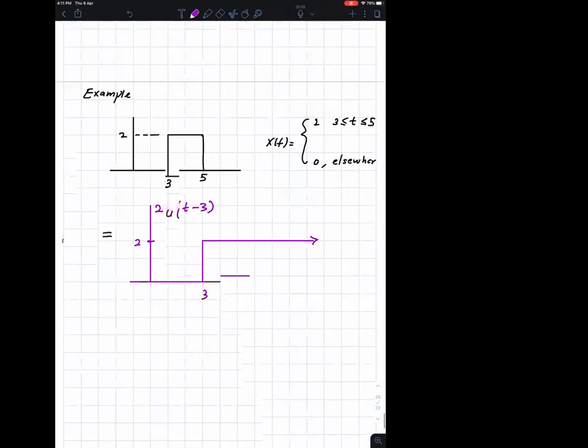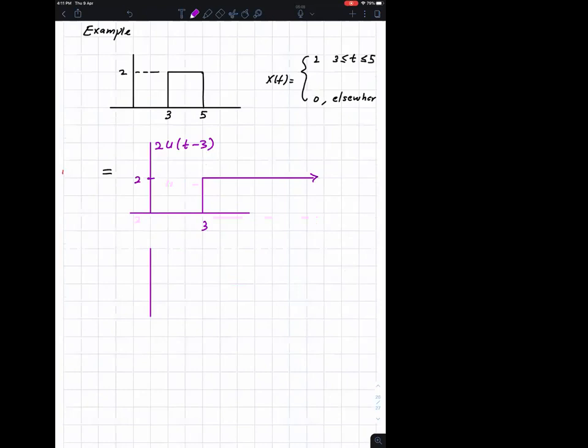The other signal is starting at 5. Same thing, amplitude is 2, but it starts at 5.